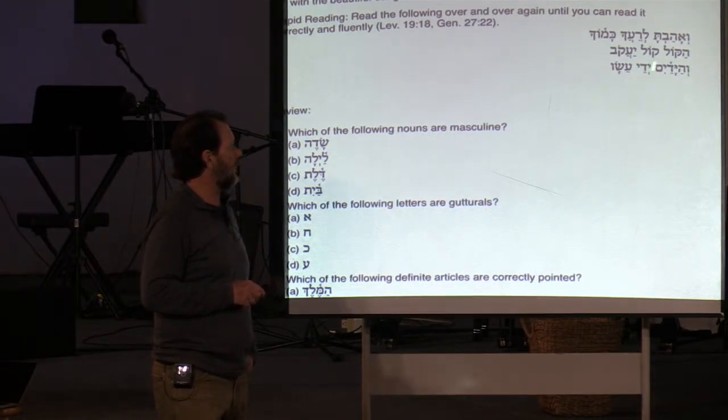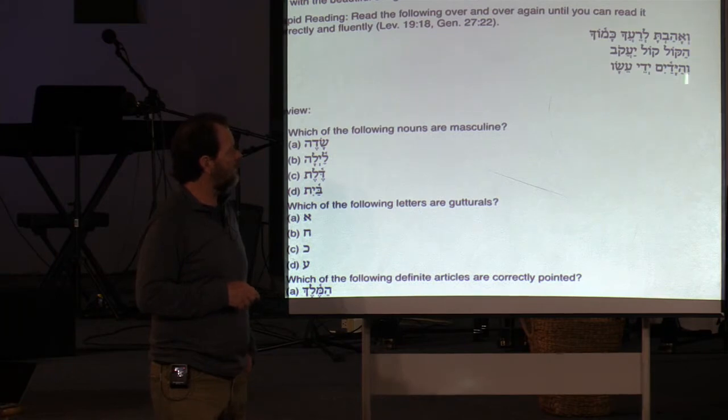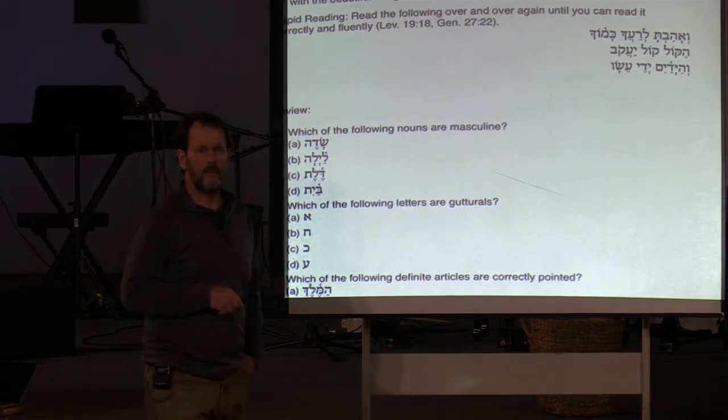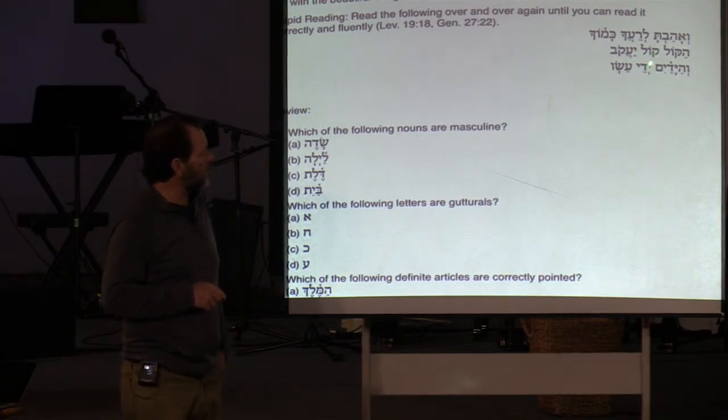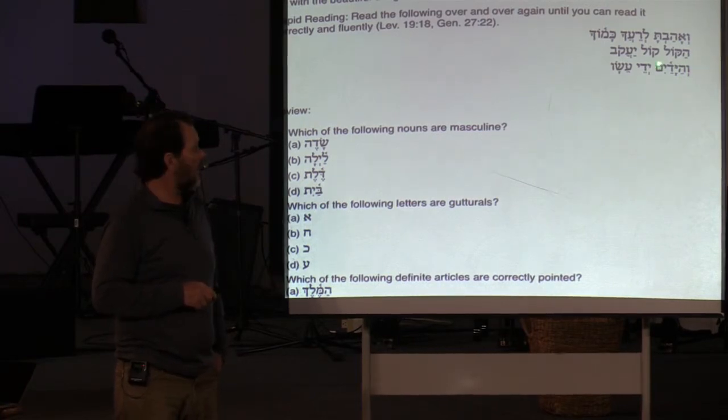Bahayadayim Yadei Esau. Let's go through the whole thing now. Hakol kol Yaakov. Bahayadayim Yadei Esau. The voice is the voice of Jacob. And the hands are the hands of Esau.